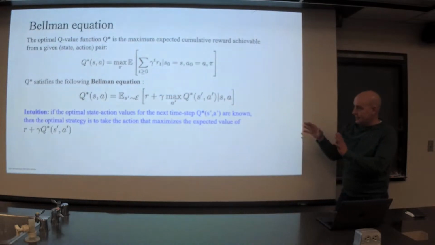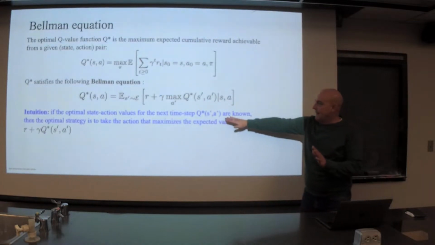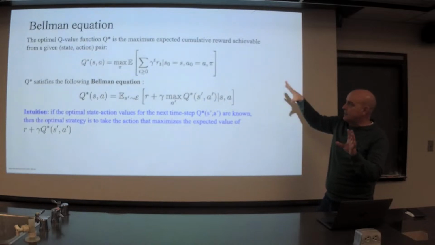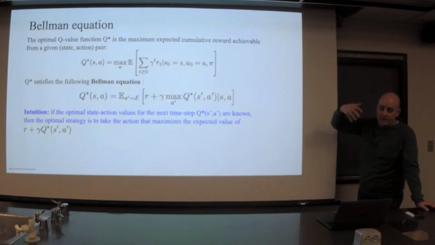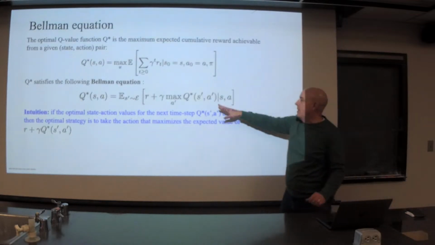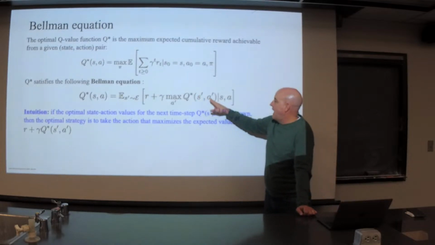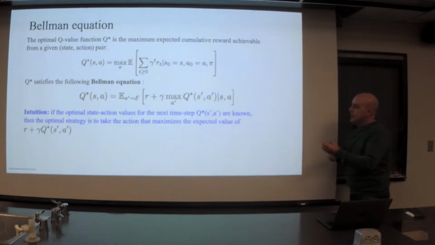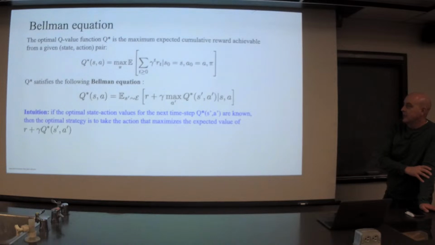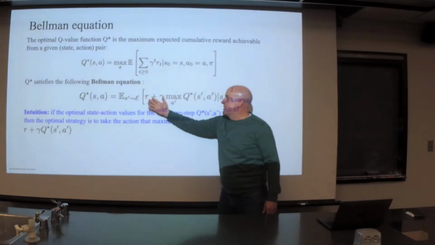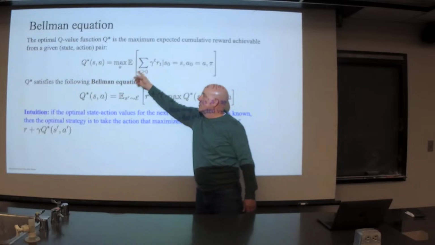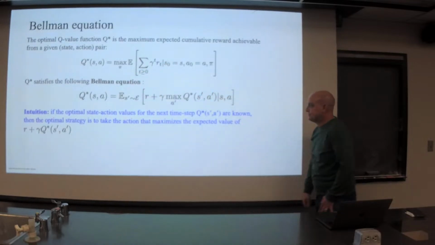So what this is saying is that once you have the optimal Q value function, then you can use it to make all of the other state action decisions. Notice that the policy is no longer in this expression except implicitly through the definition of Q star.